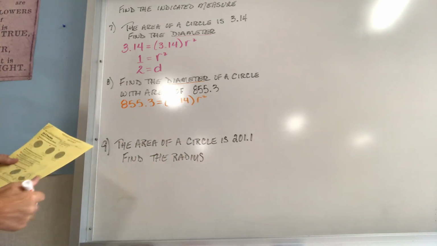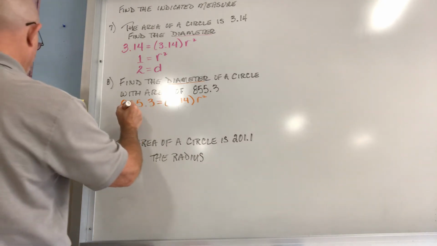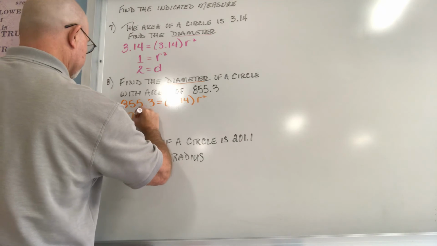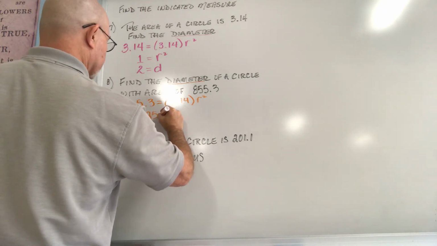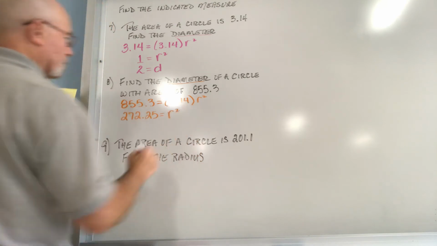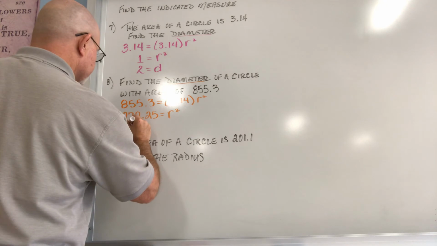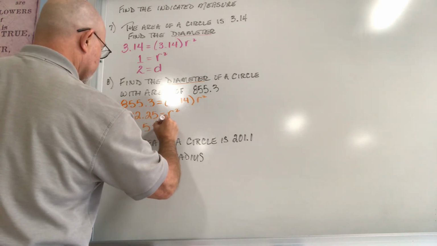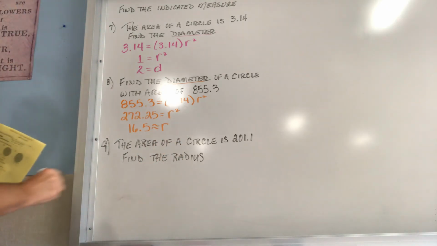We're going to divide on this, divide in, and we're going to get this. Take the square root of both sides. Multiply by 2.